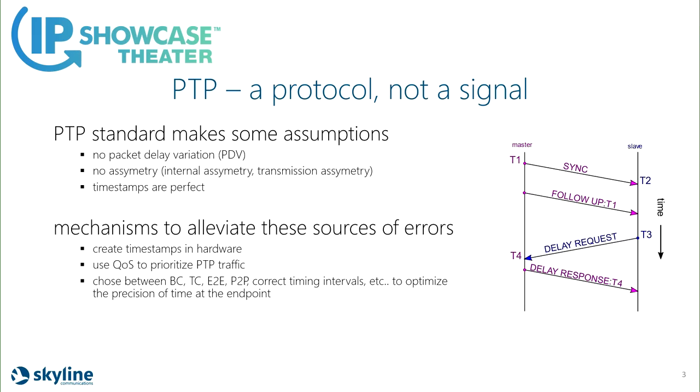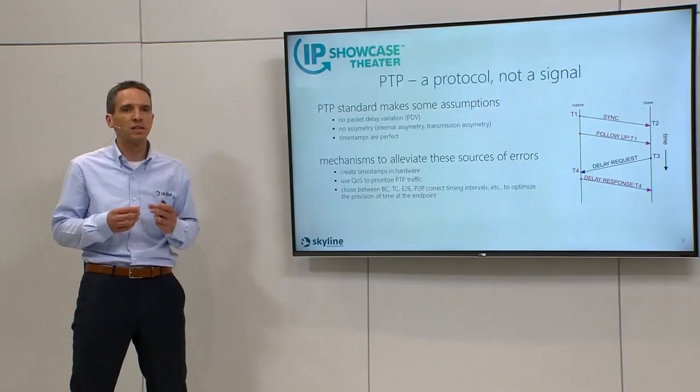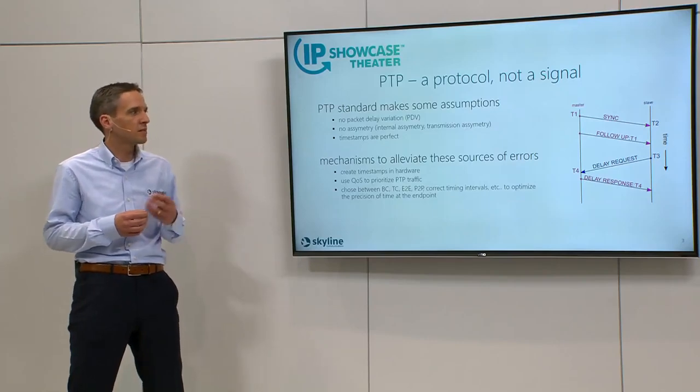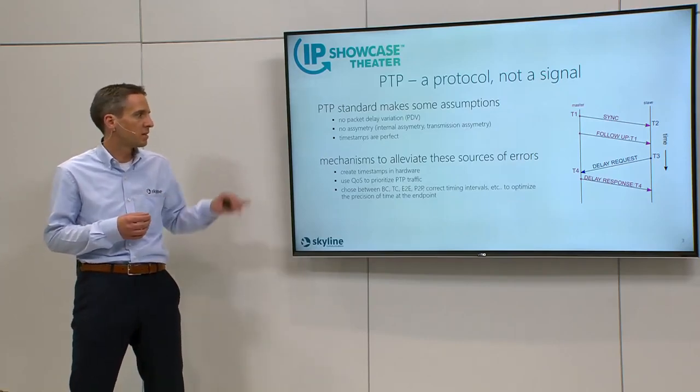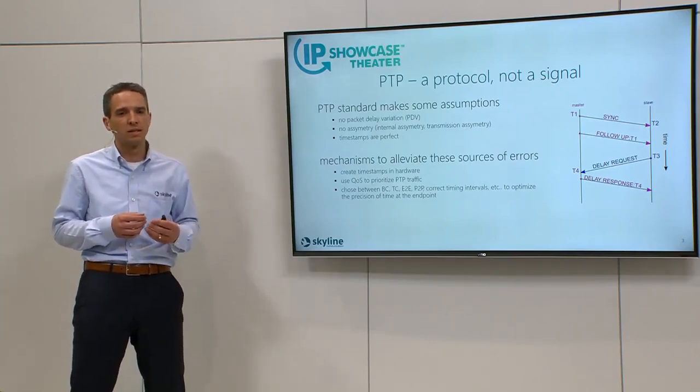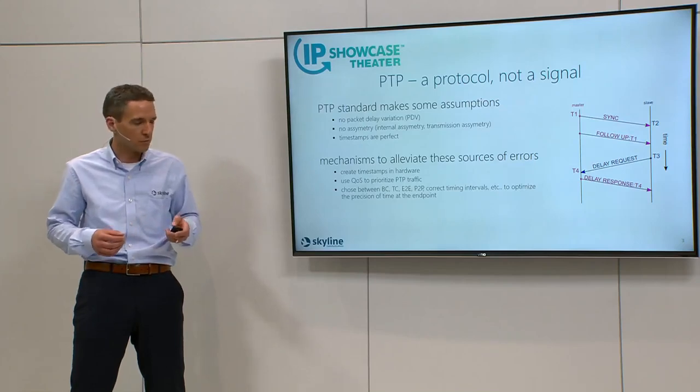Otherwise, your media streams or other traffic might take over. And then PTP has a lot of capabilities to set it up properly. There are boundary clocks, transparent clocks, end-to-end mechanisms, peer-to-peer mechanisms, timing intervals. So there are a lot of settings you can tweak in PTP to optimize the precision of time at the input, at the endpoint. That's really what you want to do with PTP.